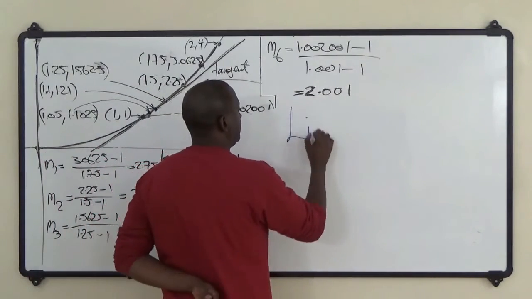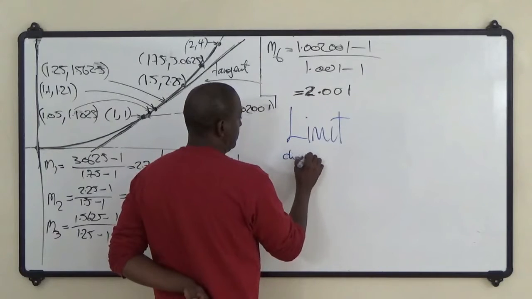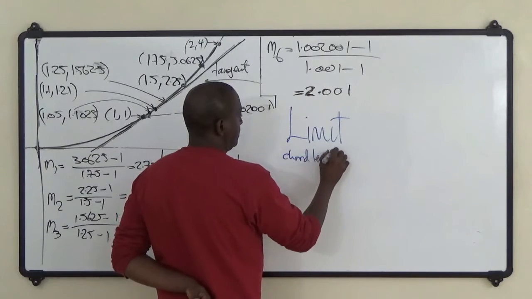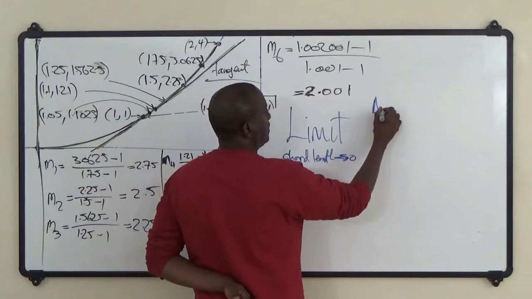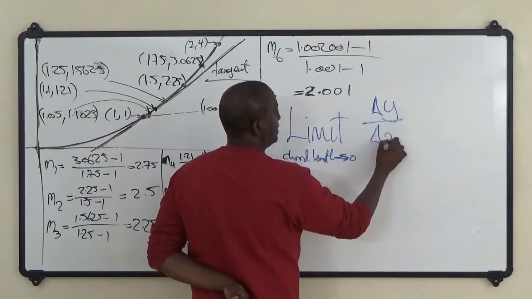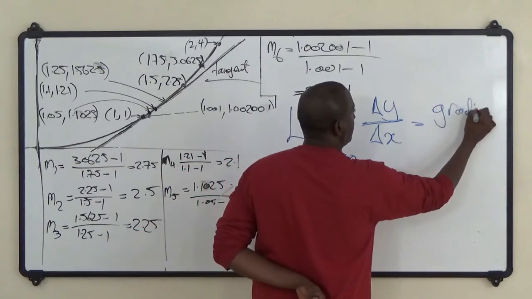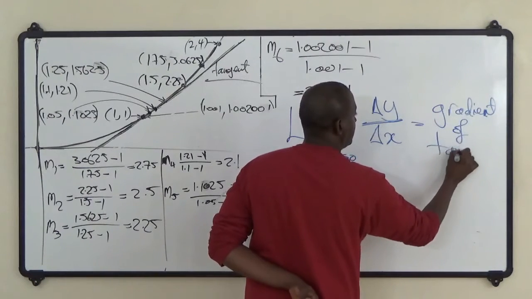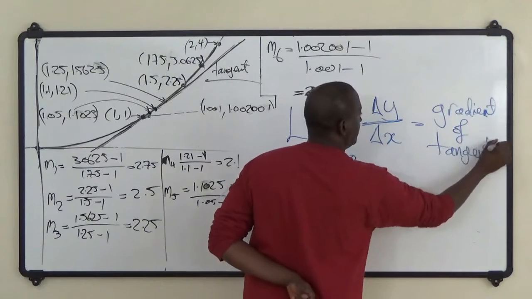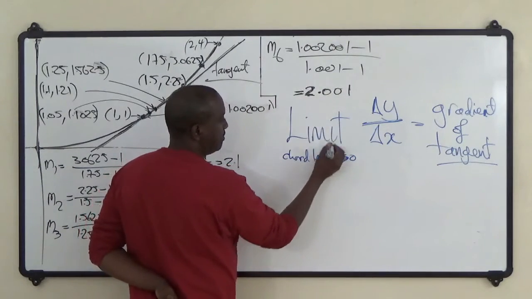You can say the limit as the chord length tends to 0 of change in y over change in x is equal to the gradient of the tangent, right? In other words, the gradient of the tangent is the gradient of a chord whose length is 0.